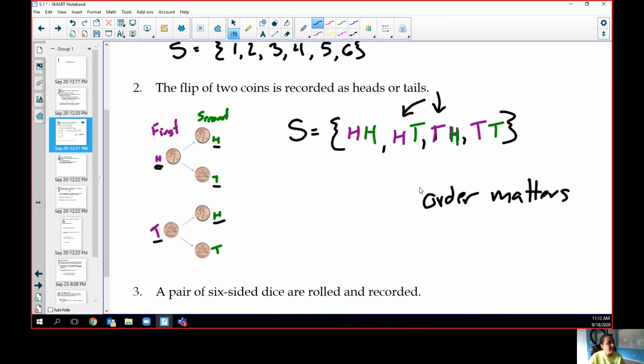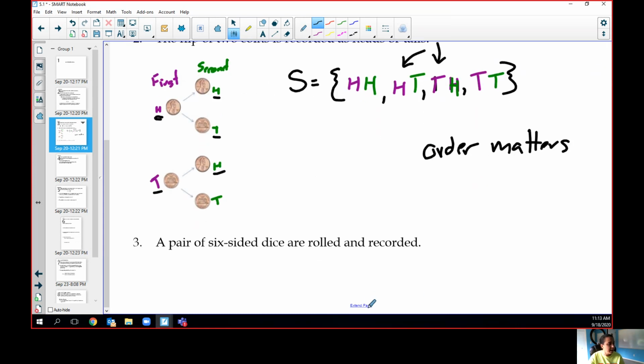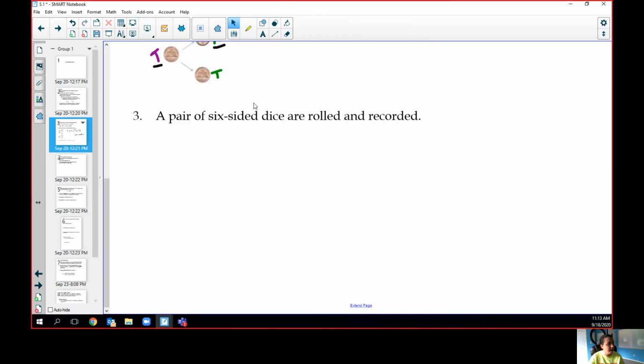So let's look at one that's a little bit more difficult. If we want to find the sample space of a pair of 6-sided dice and record all those possible outcomes.